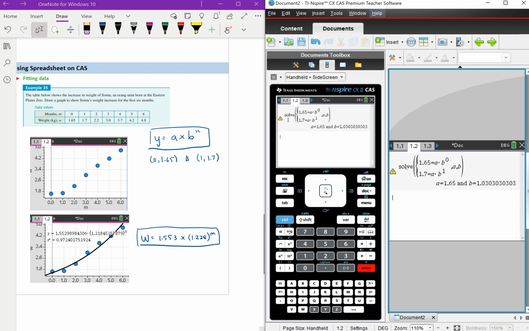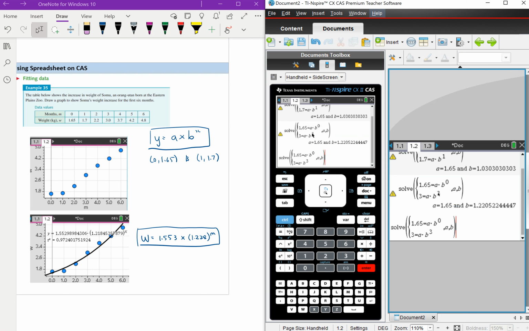So you'll probably find that it'll vary if you picked another coordinate, because it's an approximate. If I picked another coordinate, say it will be 3 kilos in 3 months, because that's what it says there, then you can see that it's got 1.65 and 1.22. If you tried the 5th month, which is 4.2, and we'll try 5.